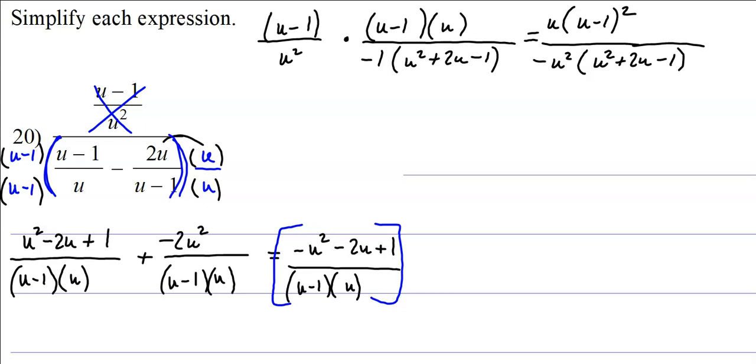But if I were to multiply the top out, I get u times this part right here, which would be u squared minus 2u plus 1. On the bottom, that's going to be negative u to the 4th minus 2u to the 3rd.